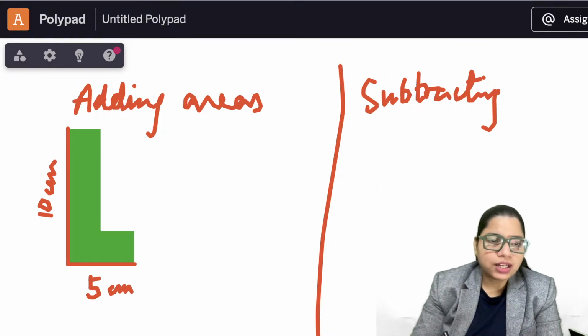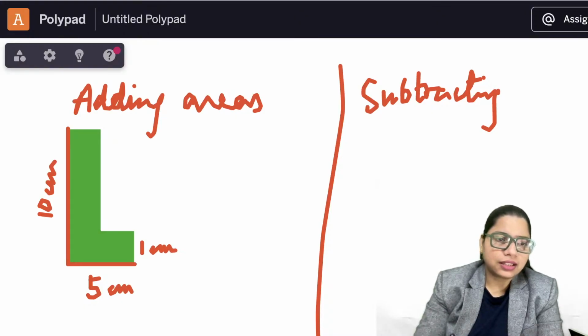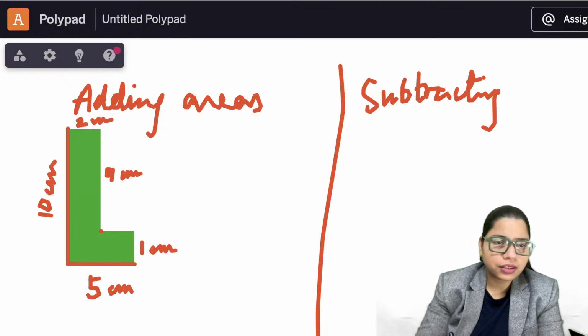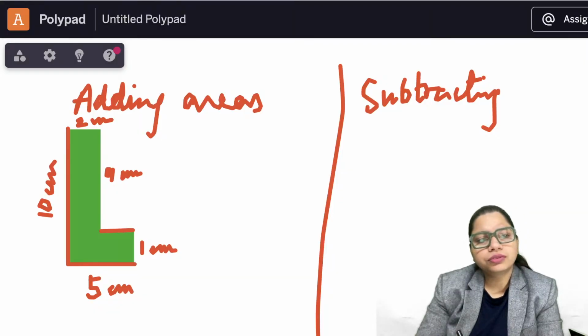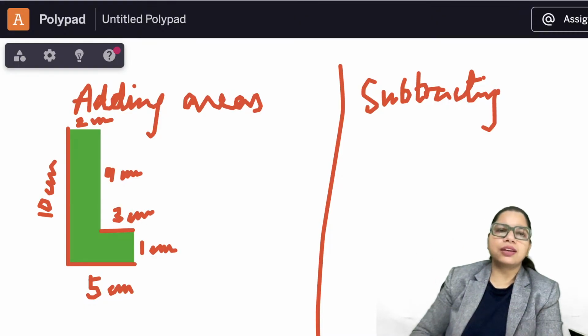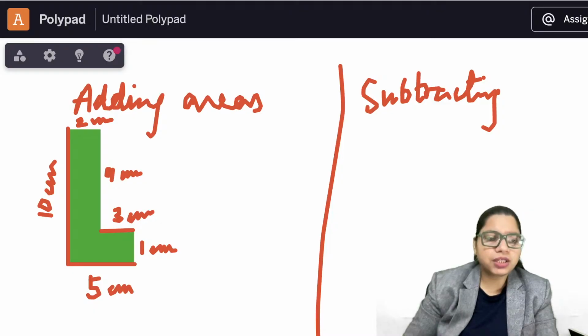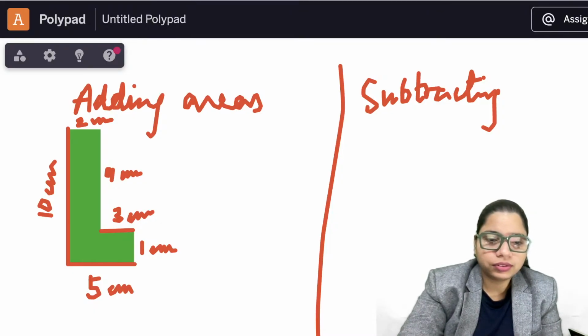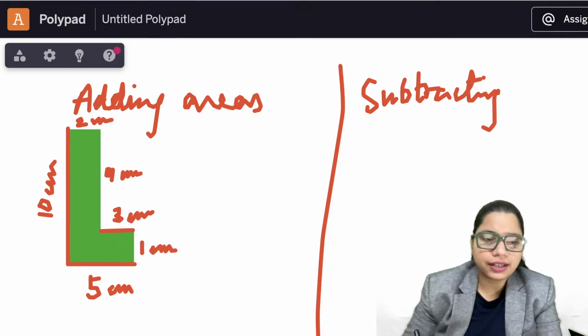Where this is 1 centimeter given, that obviously would be 9 centimeters. We can find it out. If that's 2 centimeters given, what will this be? Can you think of? 3 centimeters. Last lesson we had discussed how to find out the unknown side. This is with the information given to us. We have to find out the area.